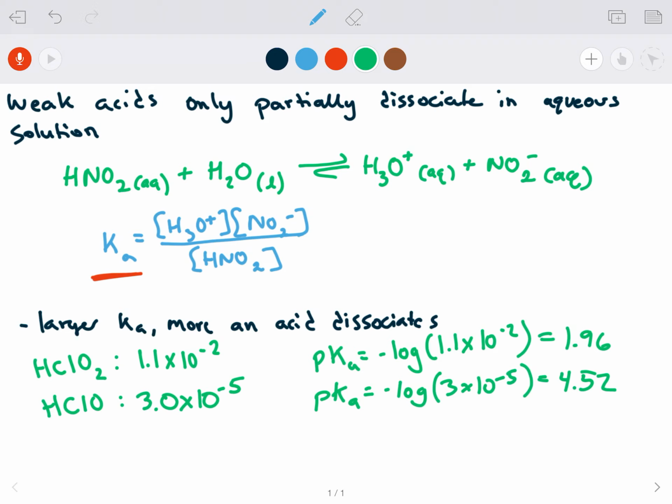Now, because H3O plus or H plus is one of the components of the expression for Ka, Ka is interrelated to pH, or pKa is interrelated to pH. So I'm going to give an example problem here of how, if we're given what the pH is, we can calculate the Ka.